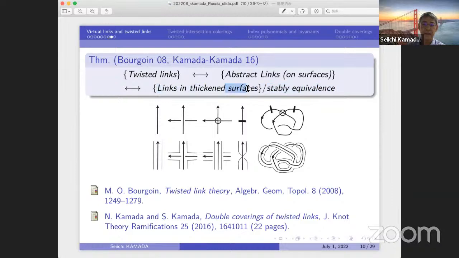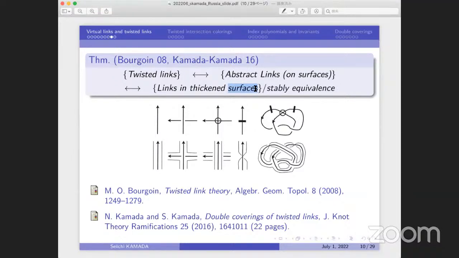Here the surface is not necessarily oriented, but the total space as a three-manifold should be oriented. So links in oriented three-manifolds are thickened surfaces. If the base surface is non-orientable, then that should be a twisted line bundle.